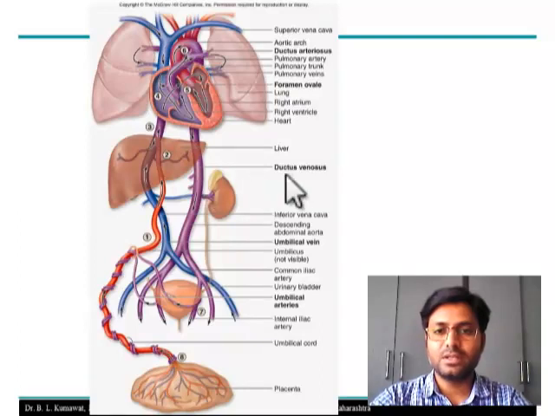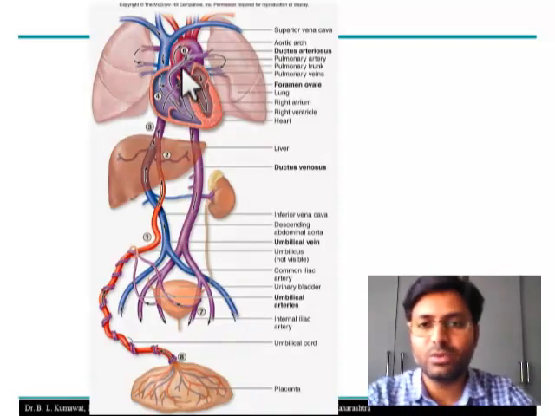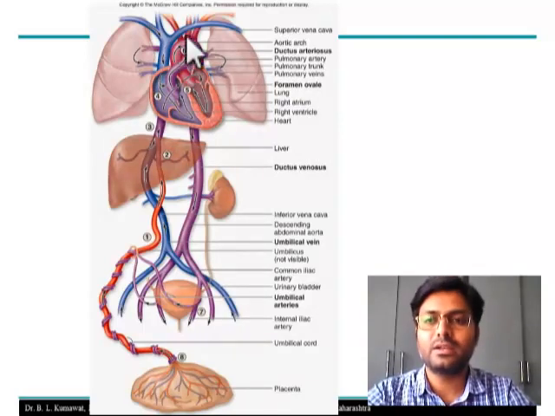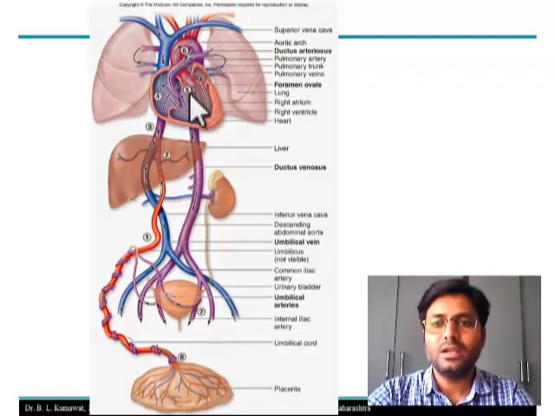The first shunt is ductus venosus, which occurs in the liver. The second shunt in between arterial and venous system is the ductus arteriosus, which is connecting the pulmonary aorta and the greater aorta.